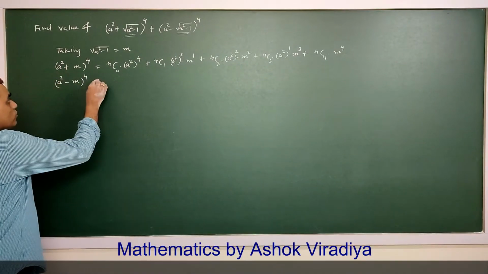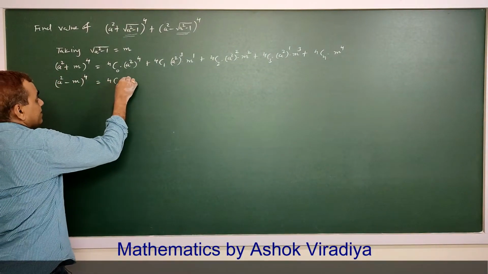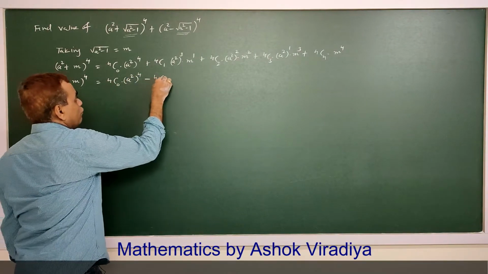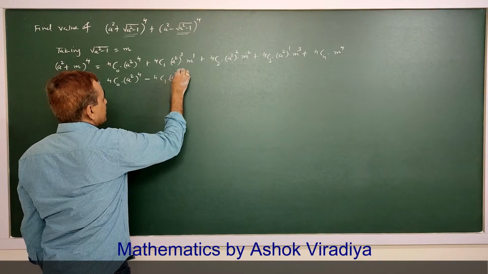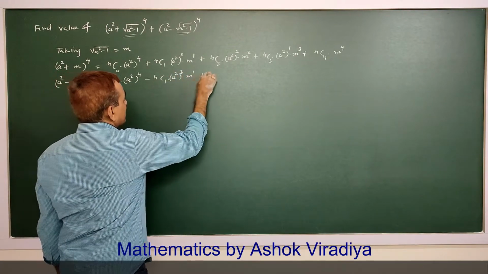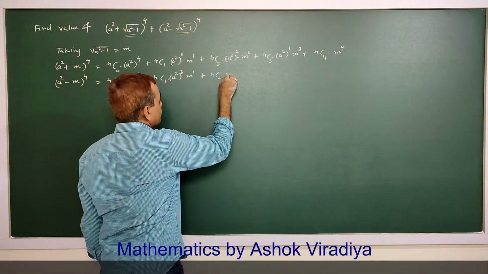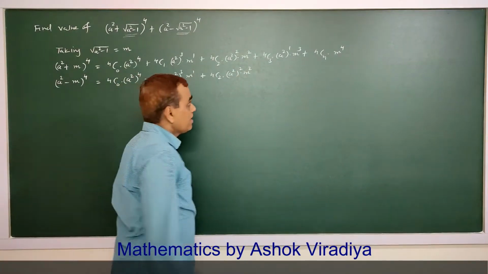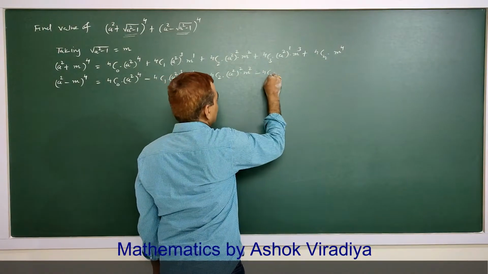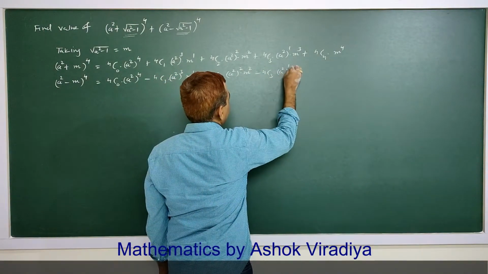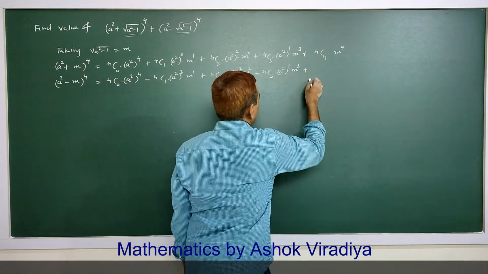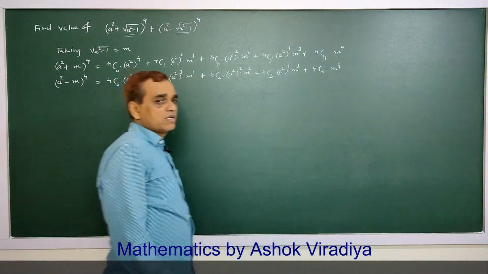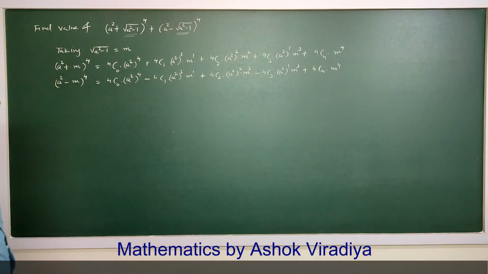This is (a square minus m) raised to 4. So it is equal to, we keep alternate sign, minus 4C1 a square raised to 3 m raised to 1 plus 4C2 (a square) whole square into m square minus 4C3 a square raised to 1 m cube plus 4C4 m raised to 4. We take alternate sign.